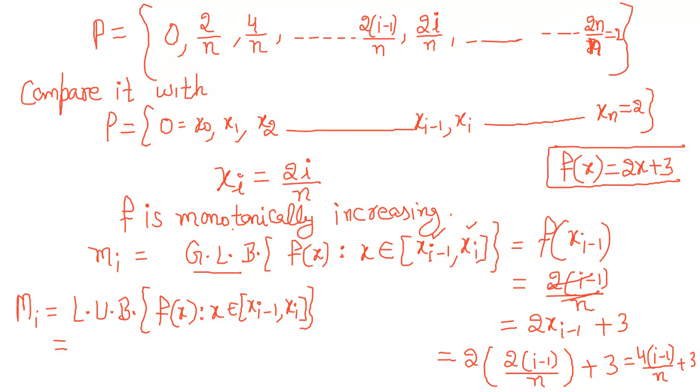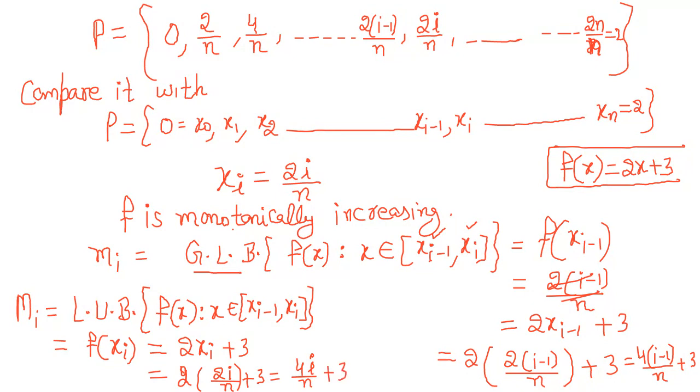Yes, sir, xi. Okay, good. So it will be written as 2xi plus 3, which is 2 into 2i upon n plus 3. This type of question will be asked in the exam. So 4i upon n plus 3. Any doubt up to this point? Any doubt you can ask now because it is the first question.